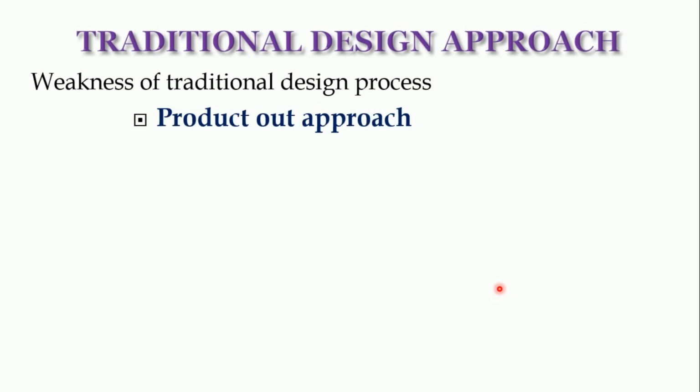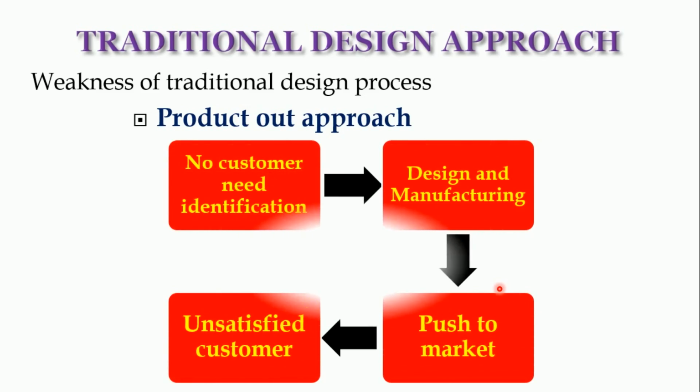What is the traditional design approach for design for manufacturing? The weakness of the traditional design process is called the product-out approach. What is the product-out approach? Here there is no identification of customer needs or latent needs from the customer. We directly go for the design and manufacture the products, and these products go to the market.